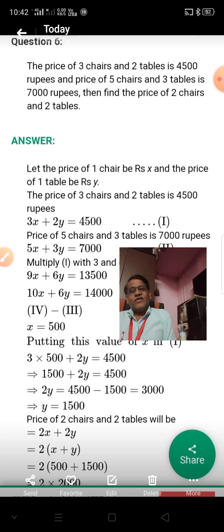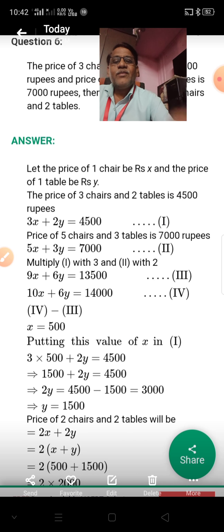So here first you have to let the price of 1 chair be x and the price of 1 table be y. The price of 3 chairs and 2 tables is 4,500. It is the given condition.